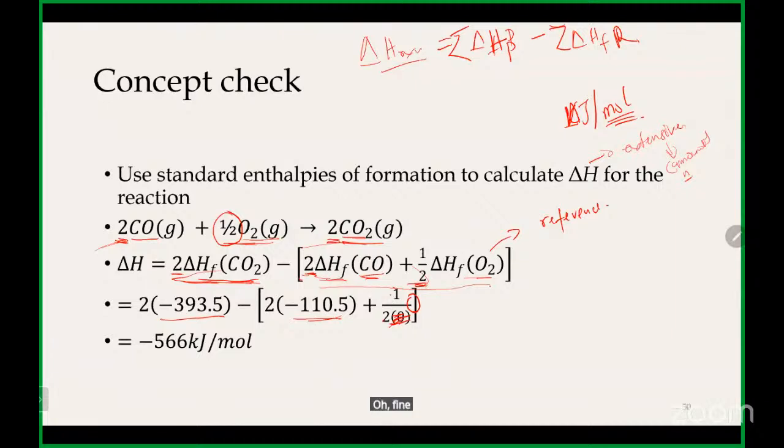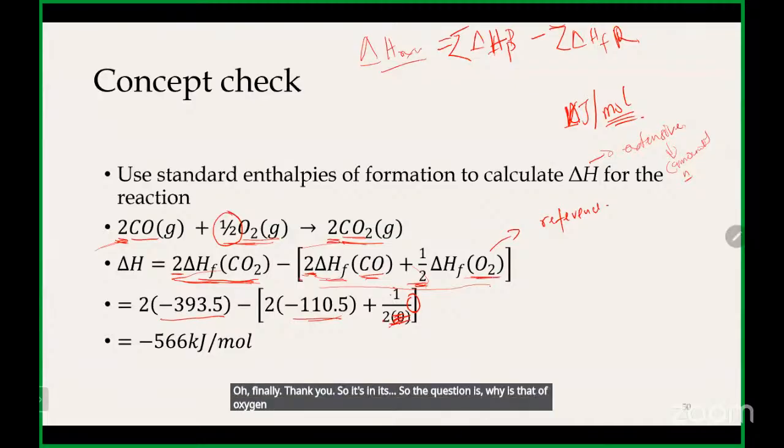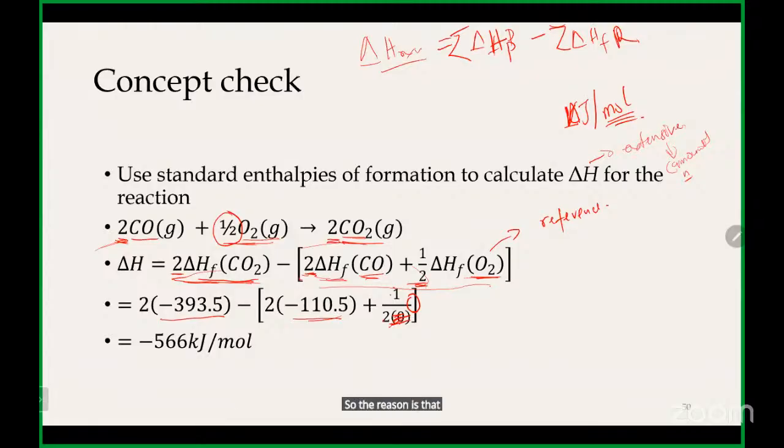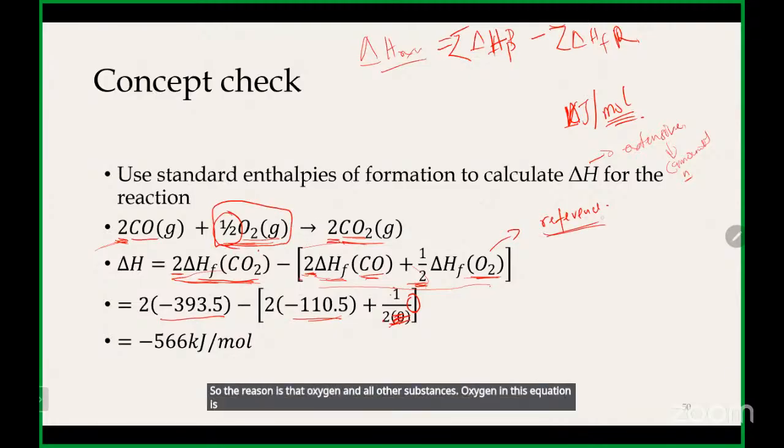So the question is, why is the standard enthalpy of formation of oxygen 0? Number one, that person was not listening or his network was bad. The reason is that oxygen, in this equation, is in its reference state. When we say reference state, it means it is the most stable state.